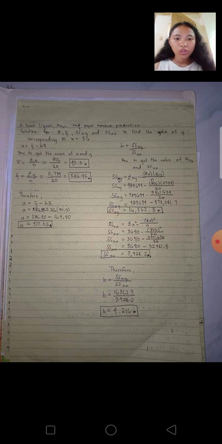So, substitution again. We will just substitute katong sum sa mga variables nga na-present sa table. So, ang SSXY, substitute na siya.